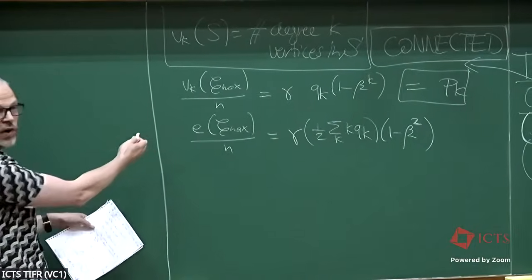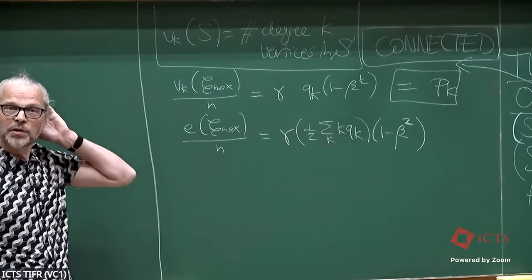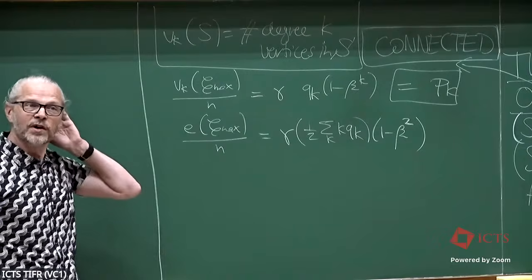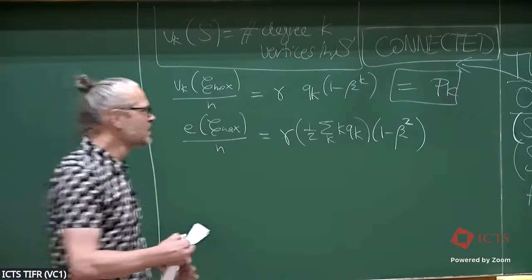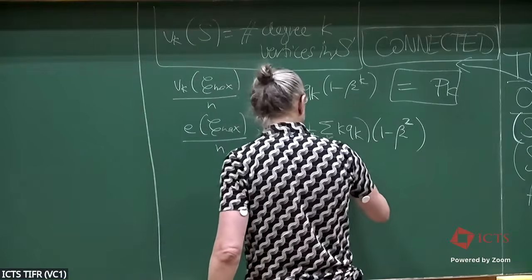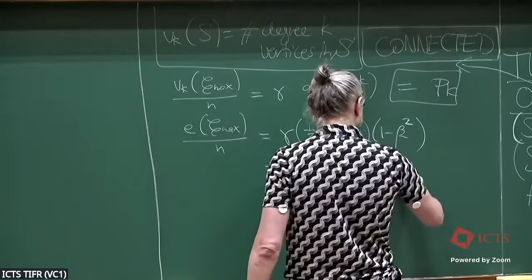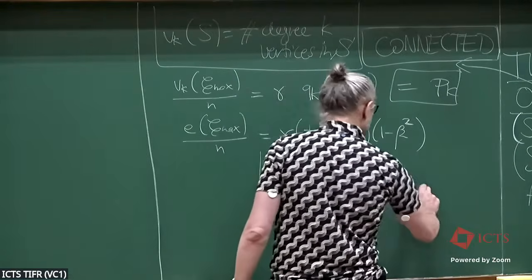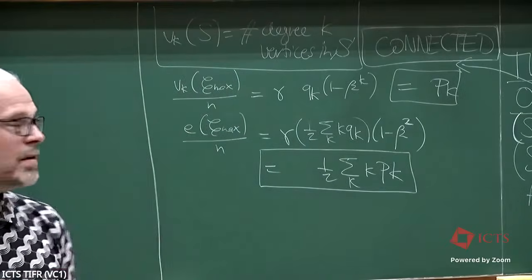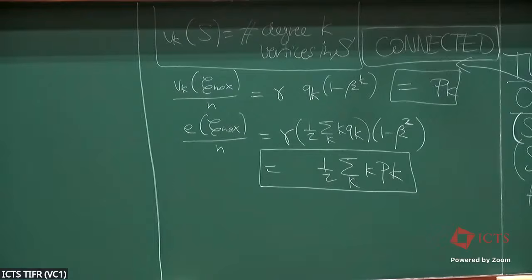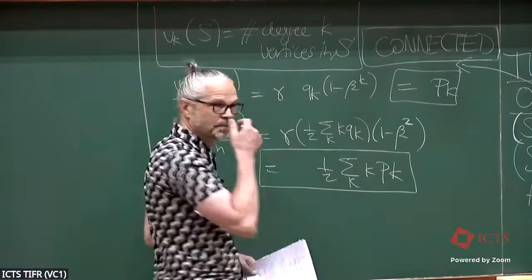Also, the total number of edges in my maximum component here, if that maximum component is going to be my wanted connected graph, that better be the total number of edges in my connected graph, which scales like 1/2 the sum over k of k times pk. That gives me 2 equations. And a number of unknowns, including gamma, and the Q. Okay?